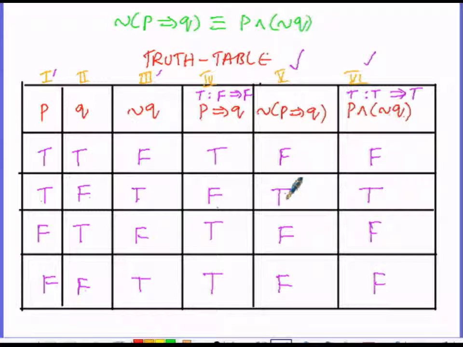F T, F F. So here also F T, F F. So the truth values of columns 5 as well as 6 are similar. Therefore, the negation of P implies Q will be identically equal to, or in other words equivalent to, P and negation Q.